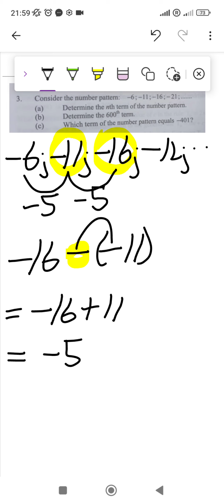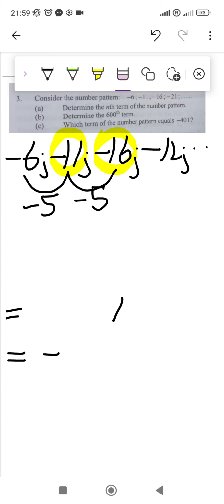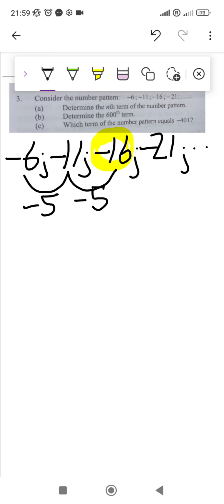Okay, well, let's do the same thing one more time. So we want to find the difference between the third and the fourth. So we want to find the difference between this one, which should have been -21. I see we made an error there, so let's just change this quickly. This should be -21 as it is above there. So we want to find the difference between those consecutive terms.